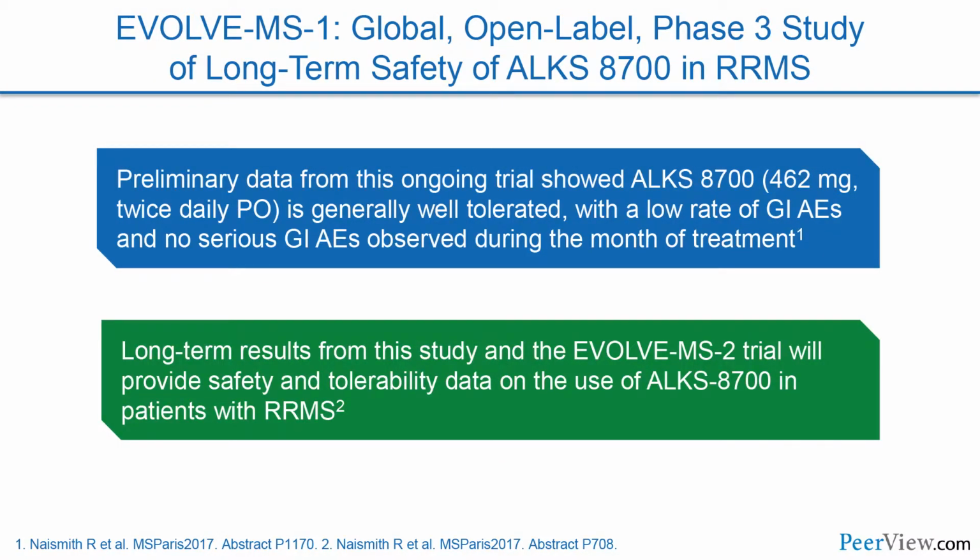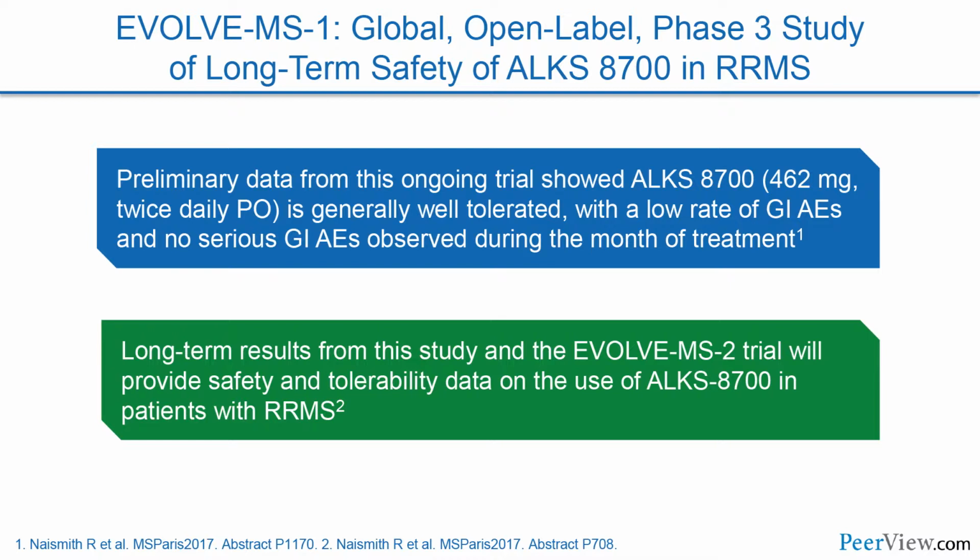ALKS 8700 is a prodrug of monomethyl fumarate, MMF, that is rapidly converted to MMF, the active metabolite in dimethyl fumarate, that's being developed for the treatment of RRMS. EVOLVE-MS-1 is a global interventional open-label Phase 3 study evaluating the long-term safety of ALKS 8700 in about 930 patients with RRMS.